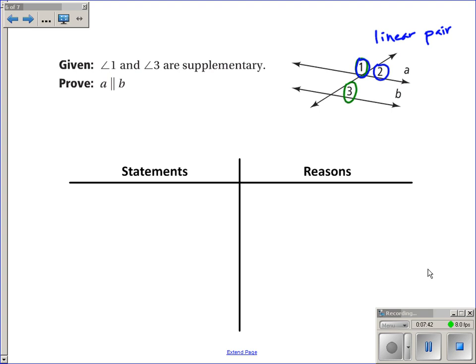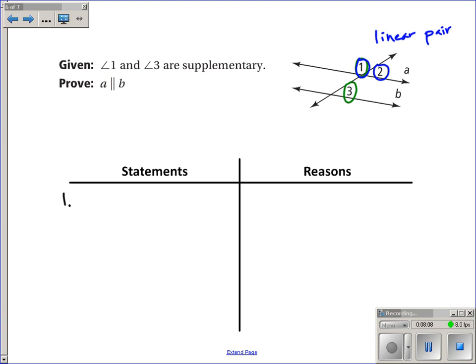Now if you don't remember the congruent supplements theorem, then you could use some algebra. What supplementary means is that two angles add to 180, and you do some algebra, and you can get that angles 2 and 3 are congruent. I'm going to go with the congruent supplements theorem, because it's easier, but you could prove it either with that theorem or using a lot of algebra.